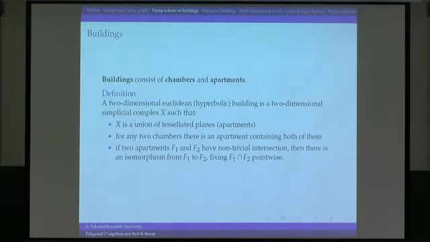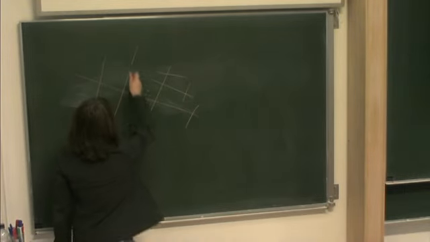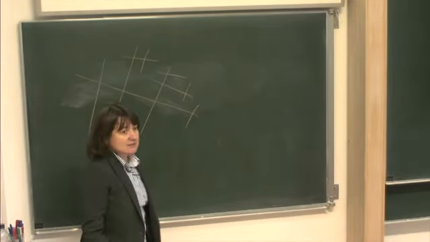You could draw a one-dimensional example, that might be helpful. Okay, so a one-dimensional example of a Euclidean building can be just an infinite tree, an infinite tree of the same valency.